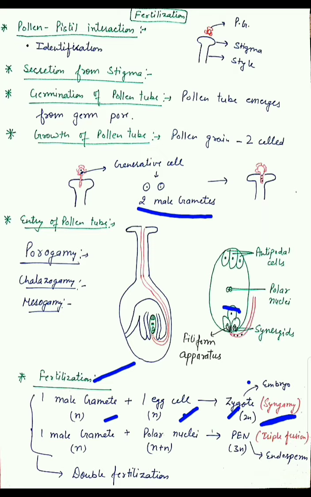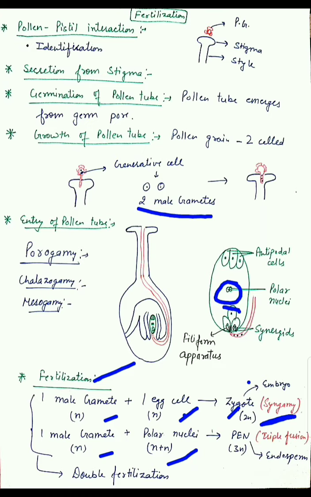Another male gamete, remember there are two male gametes, fuses with the polar nuclei. This central part is the polar nuclei. You can see that I didn't write 2n here because they are not fused, they are separate. That's why I wrote n plus n.